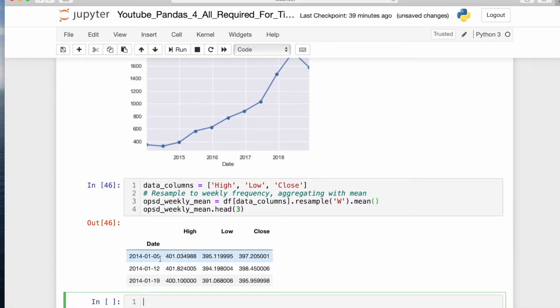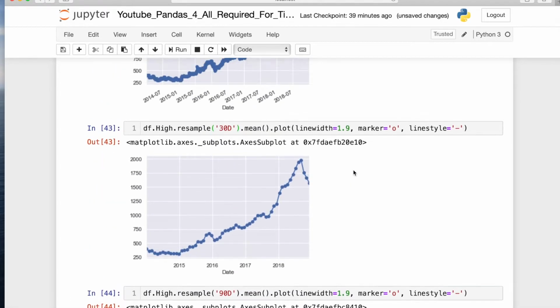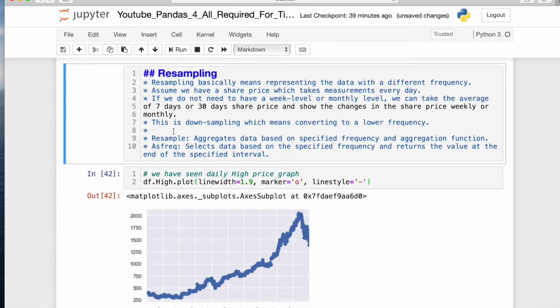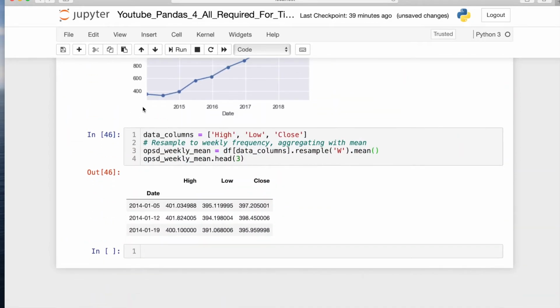Now the interval is reduced. This is called down sampling. Earlier it was every day, now I down sample to weekly. This is the average of all three prices.